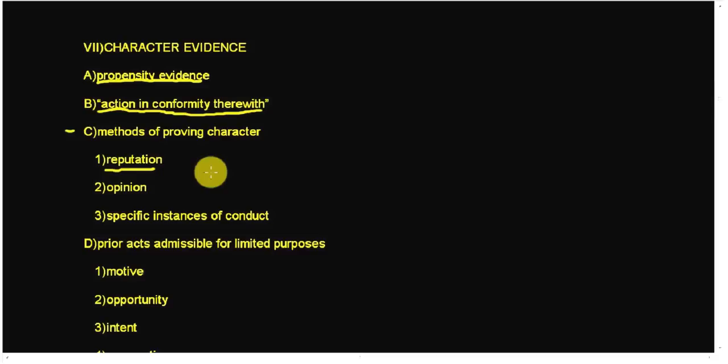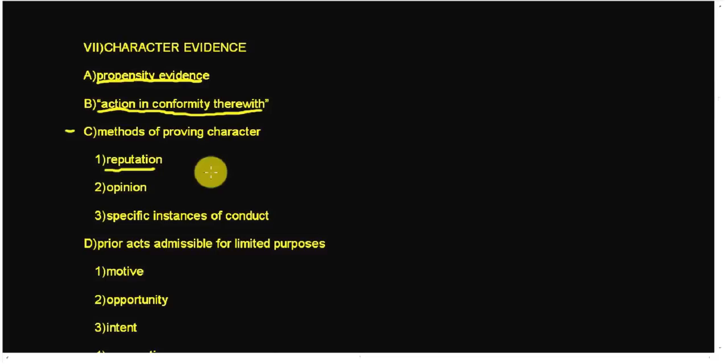Assuming adequate foundation is laid, that the witness knows the subject, has known them for a long time, etc., that person can testify to the reputation of another person. Even if this reputation was learned about through hearsay, the testimony is still admissible pursuant to the reputation in the community exception.